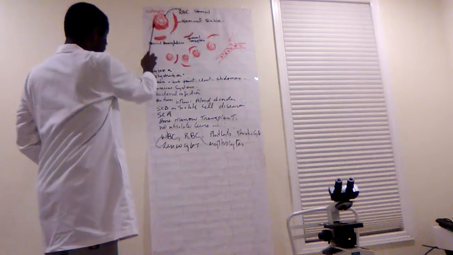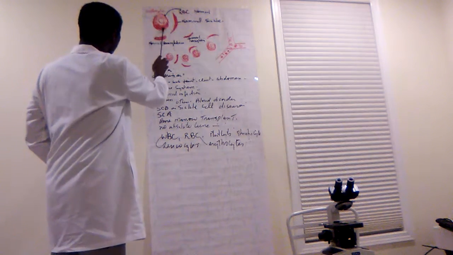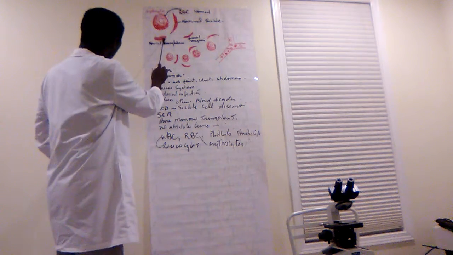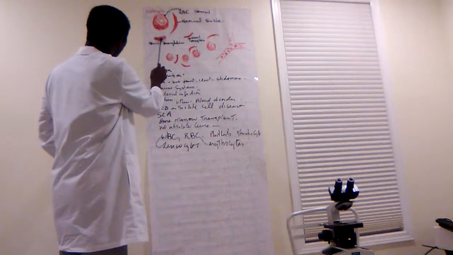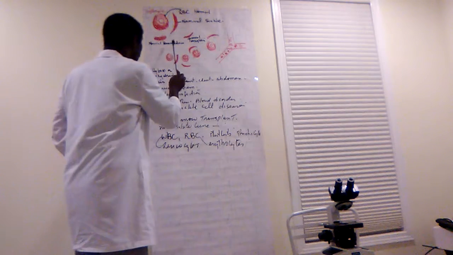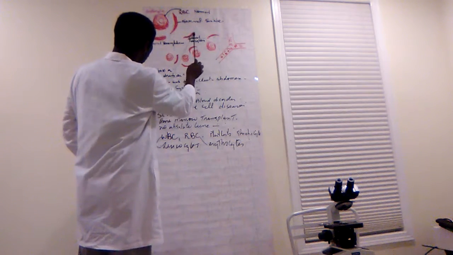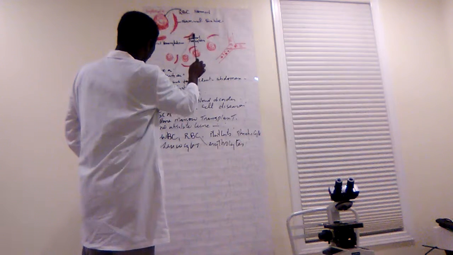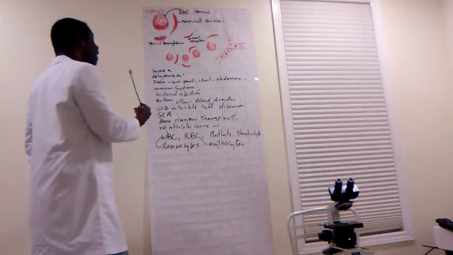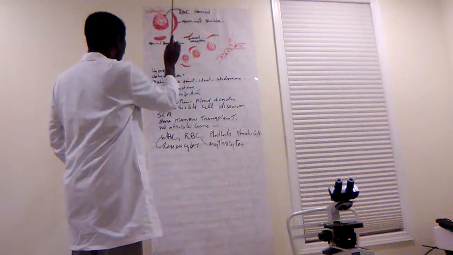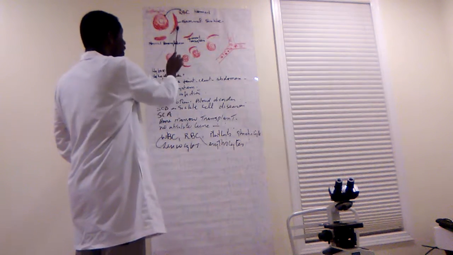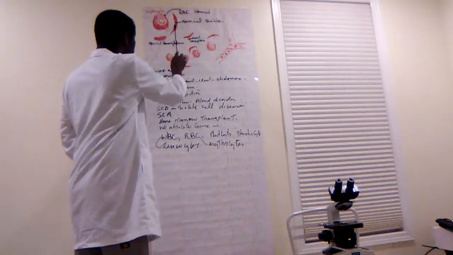Now, suppose this is a normal red blood cell, and this is normal hemoglobin, which is a constituent of the red blood cell. Then we have an abnormal hemoglobin, or hemoglobin sickle. This hemoglobin sickle causes the normal red blood cells to take on this sickle or crescent shape.